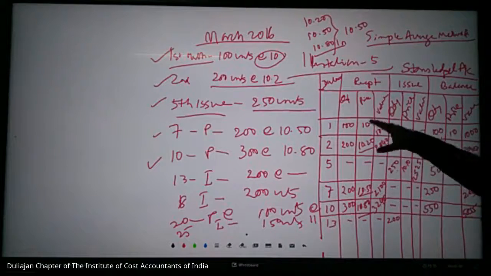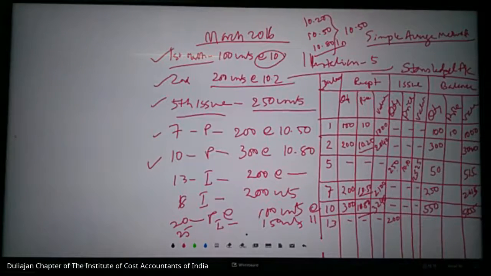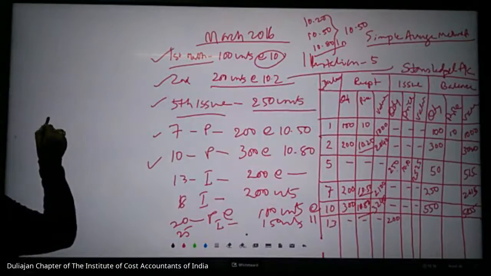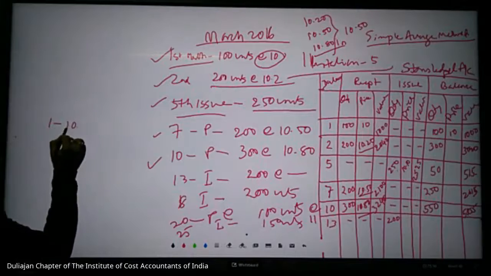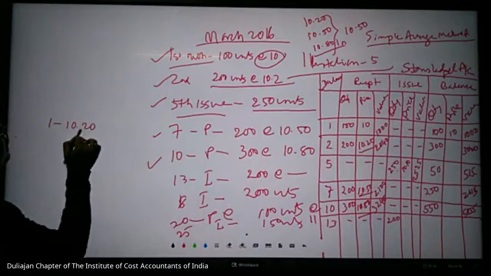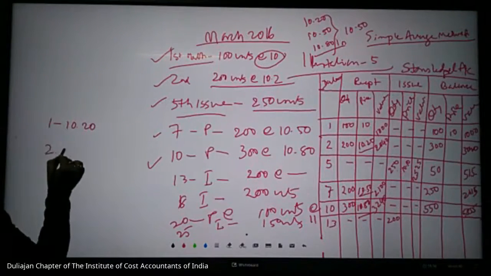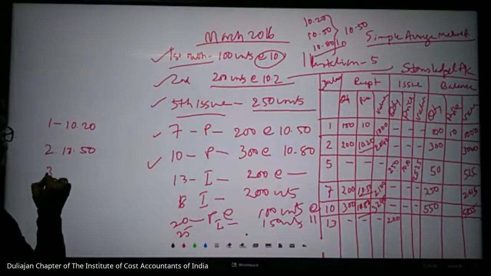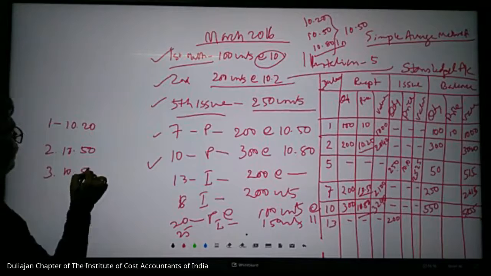Don't take all these 4 items, because now we have only stock of these 3 items: one is 10 rupee 20 paisa, two is 10 rupee 50 paisa, three is 10 rupee 80 paisa.